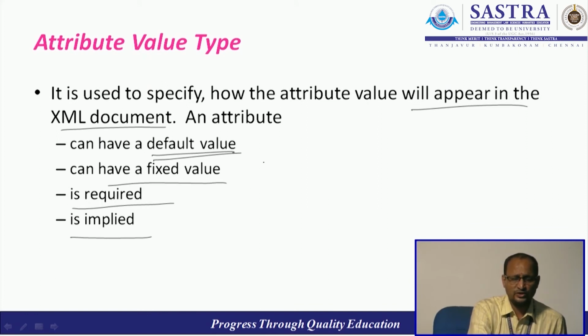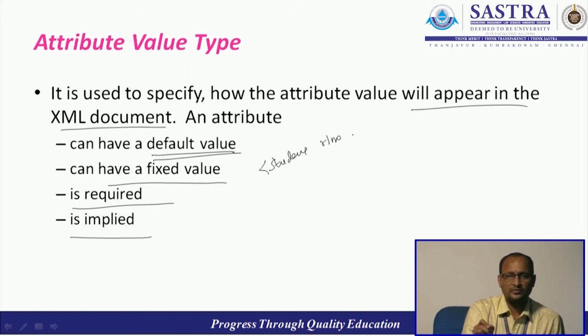Sometimes I can show you the student details can be given here. We know that roll number, definitely every student will be assigned with roll number. So the roll number should be required type, and roll number I have given 101.